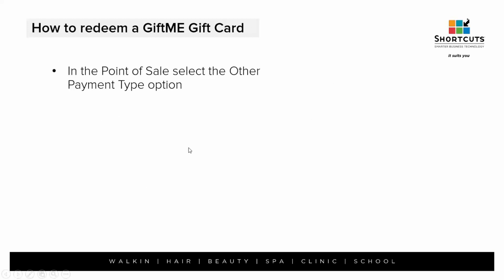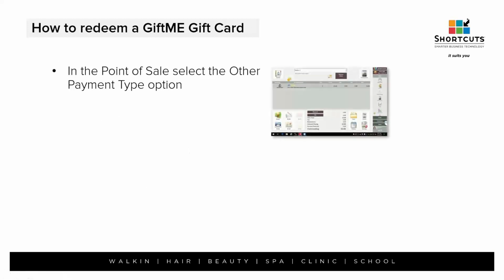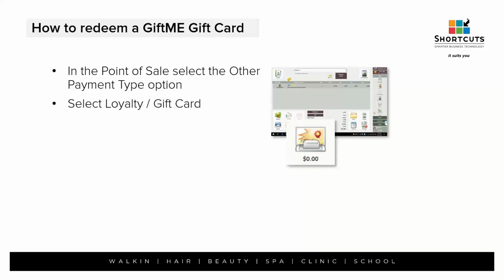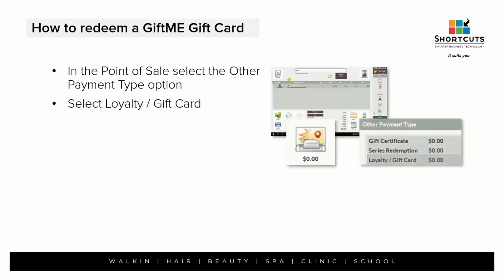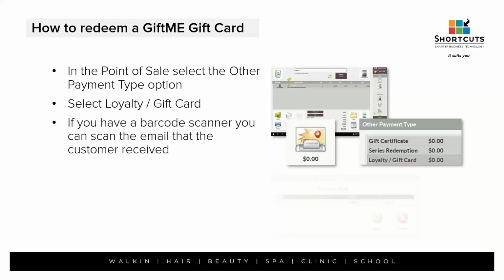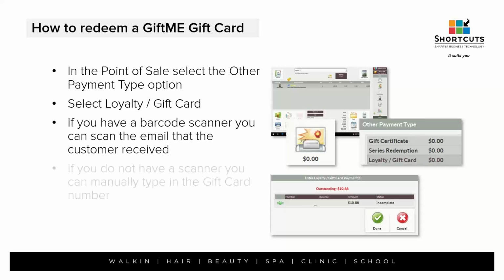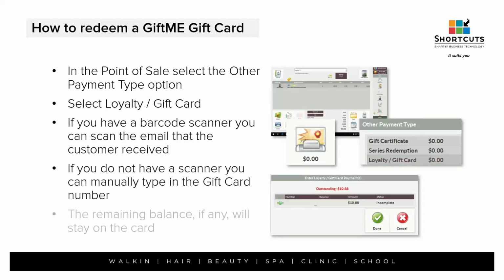So when a customer comes in with a physical gift card or a digital gift card, they have it on their phone. They'll go to the payment window, so payment types in the point of sale. You'll choose the alternate payment type. Remember that little white paper with the stamp on it? Your staff will choose loyalty gift card as the payment type.